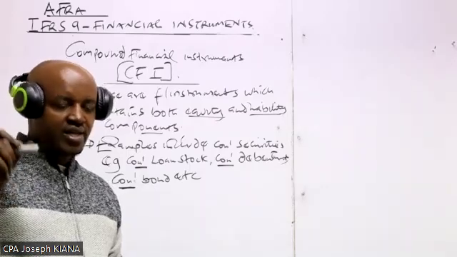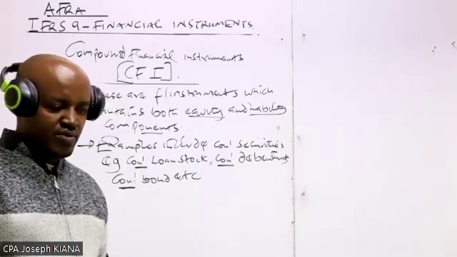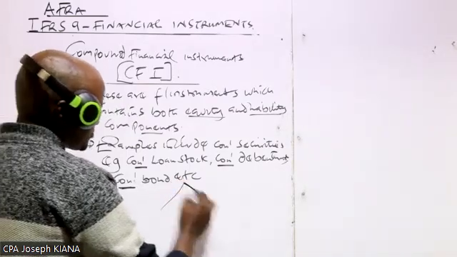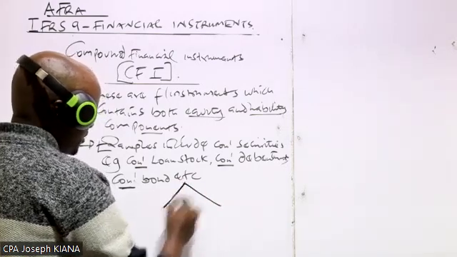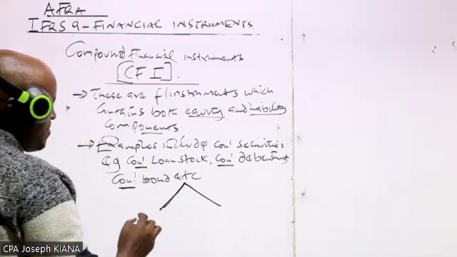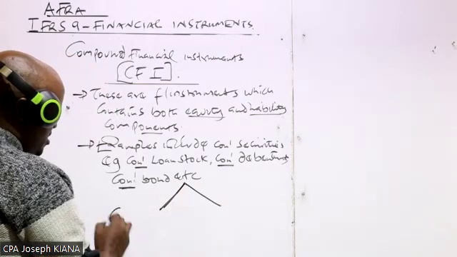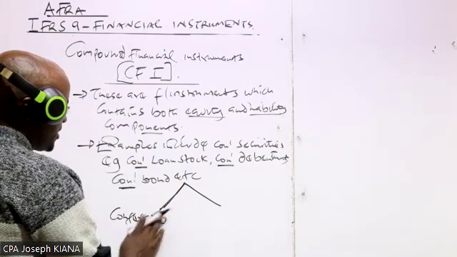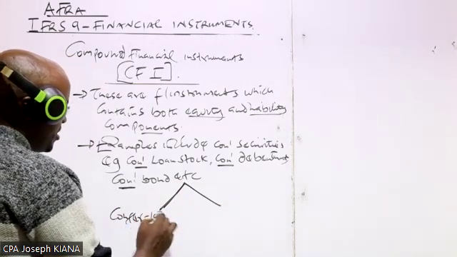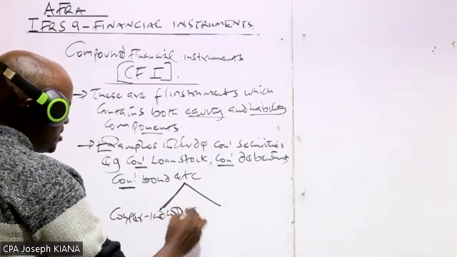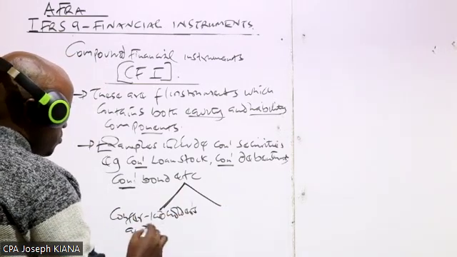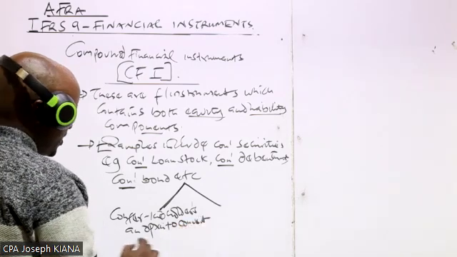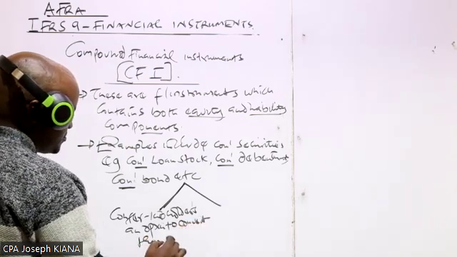So why do we say that they contain both equity and liability components? It is because these convertible securities, number one, confer. To confer means they give the holders an option to convert them into ordinary shares.